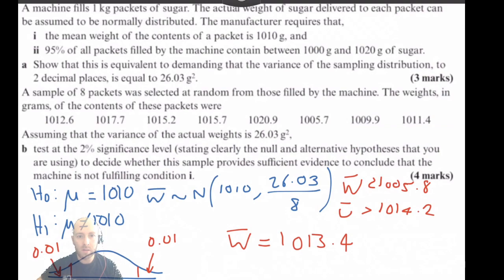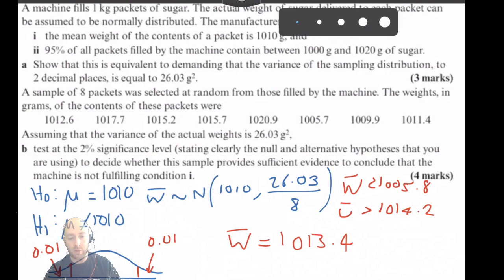Cool. Is that critical? It looks like it's not. It's close, but it doesn't look like a critical value. So we can say there is evidence to suggest the machine is fulfilling condition 1.